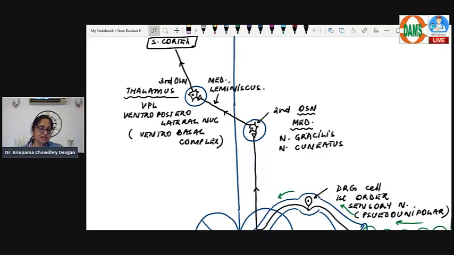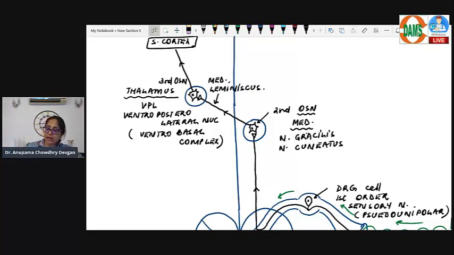From there you have the second order sensory neuron, which now crosses over to the opposite side. It synapses in the opposite side thalamus. Which nucleus of the thalamus? The ventero-posterolateral nucleus, also known as the ventero-basal complex. From here arises the third order sensory neuron, which now ascends to the sensory cortex. This is your posterior column, right?